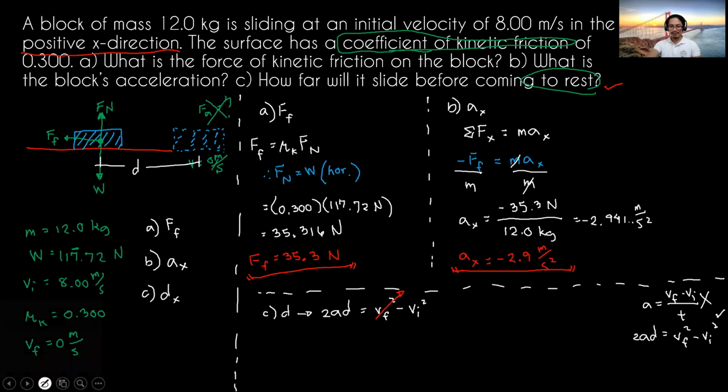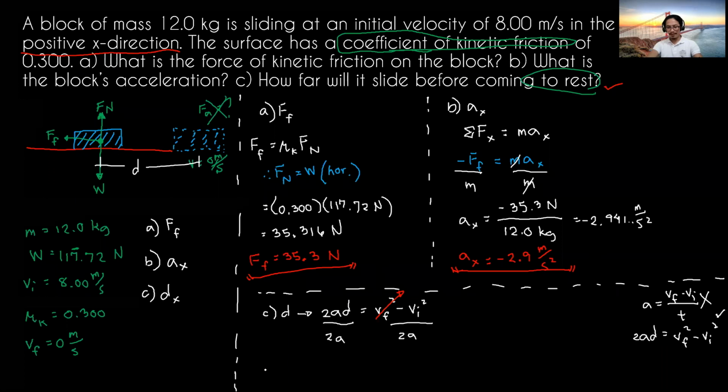So ang kailangan natin is displacement, so just divide both sides by 2a. So displacement is equal to negative VI squared, what is our VI? Our VI is 8.00 meters per second, divided by 2a. Our acceleration is negative 2.9.